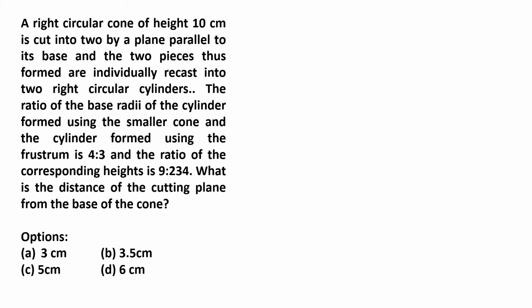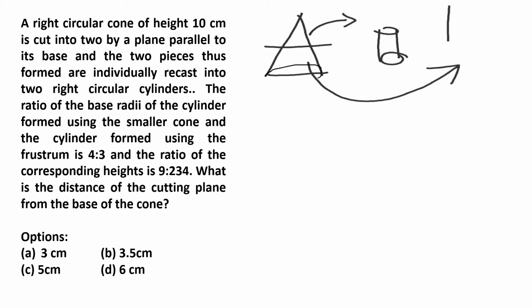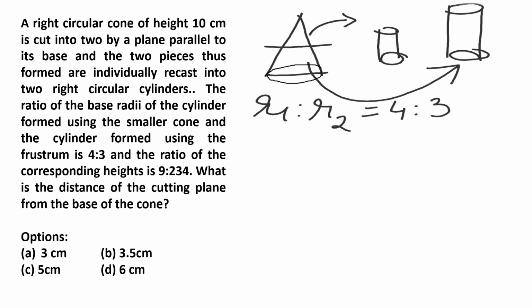Now we had a cone, and we made a cut like this. From this portion I got one cylinder, and from the other portion I got another cylinder. Now I've got R1 is to R2 as 4 is to 3, and H1 is to H2 as 9 is to 234.